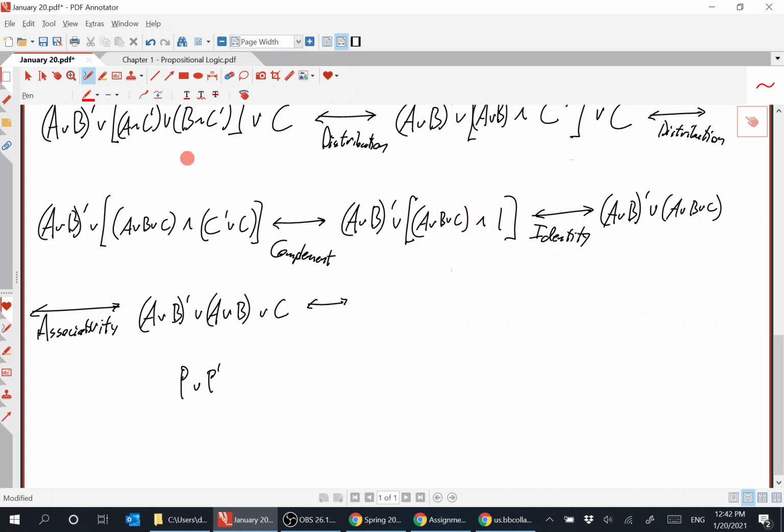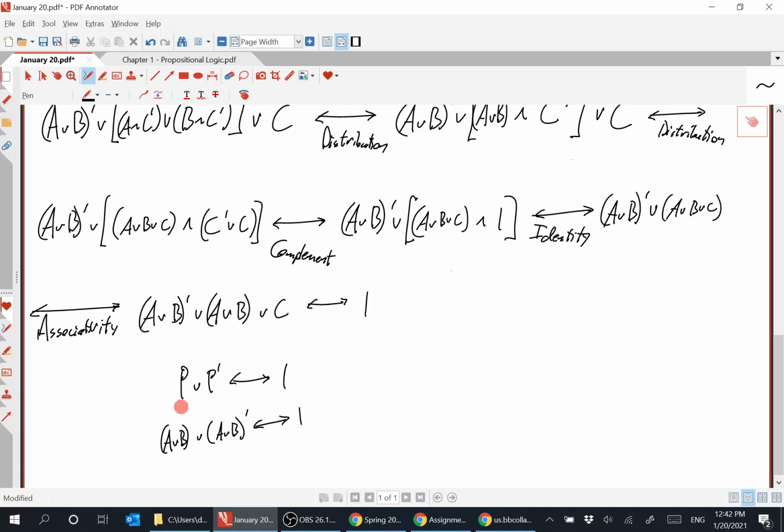By the way, notice that when we're using those tautologies, when we're saying P or P not is logically equivalent to 1, P can be any propositional logic statement that you want, like this. This is A or B, or A or B not, logically equivalent to 1 again.